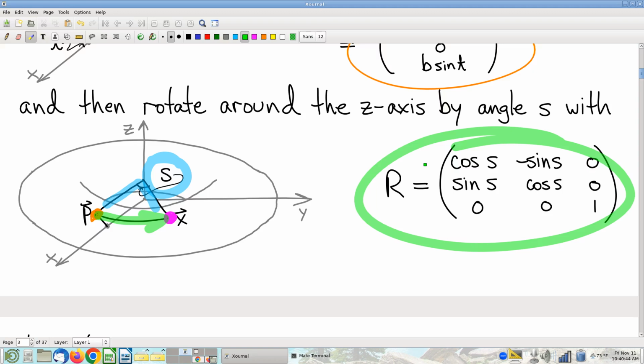Linear transformations are represented by matrices. Matrices are understood by their columns, and those columns are the images of the standard basis vectors. So what you'd have to think through is what happens to the standard basis vectors as you rotate by an angle S counterclockwise around the z-axis as seen from above. That gives you the columns, and that gives you the matrix.